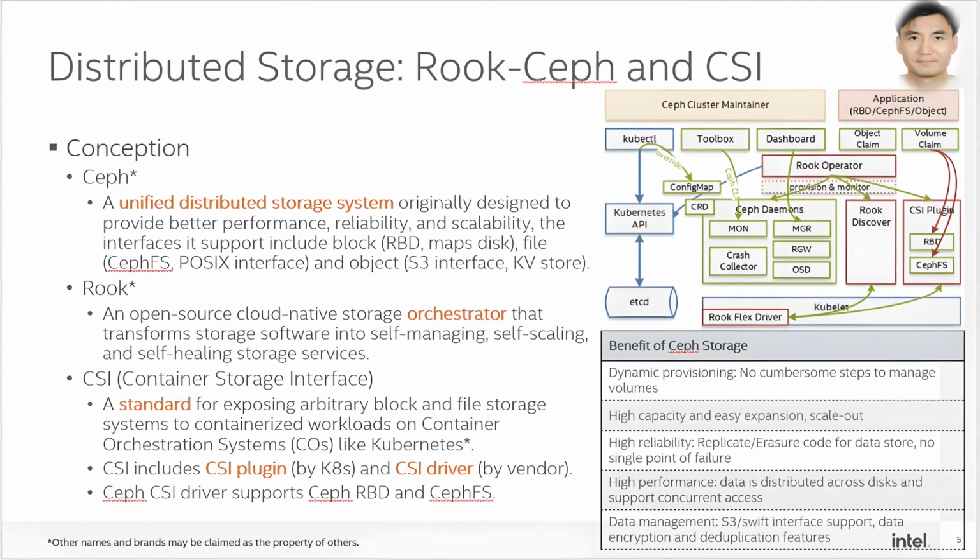Ceph is an open-source, highly scalable, distributed storage solution for block storage, shared file system, and object storage with years of production deployments. Rook is an open-source cloud-native storage orchestrator that transforms storage software into self-managing, self-scaling, and self-healing storage services.